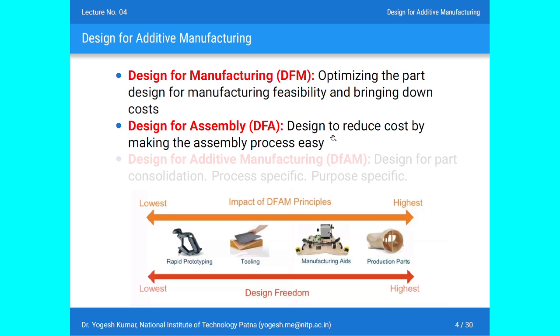So instead of producing a single, one piece component, there are sub assemblies and they are assembled together in such a way that in the overall production of the product, the per unit cost is reduced.